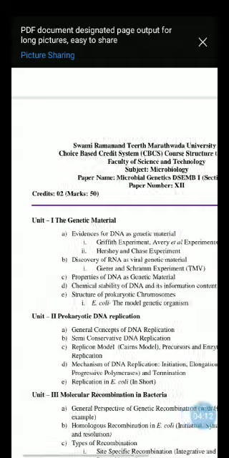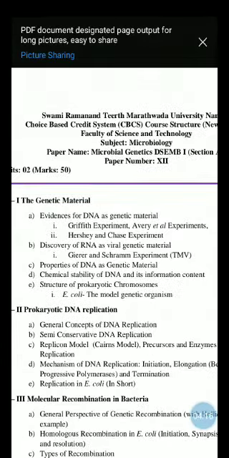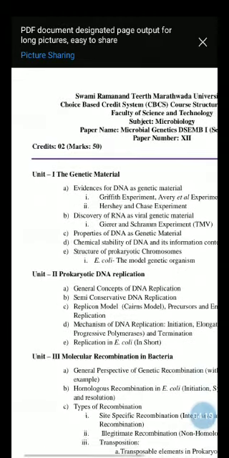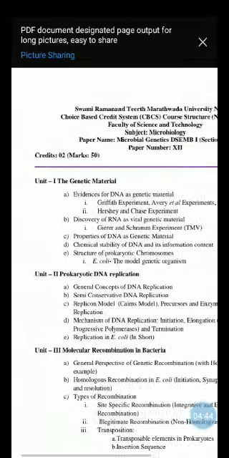Paper number 12 is Microbial Genetics. Under microbial genetics there are 4 units. We will see one by one the syllabus of microbial genetics. Unit first is genetic material. Under this unit there are some points that we will see.